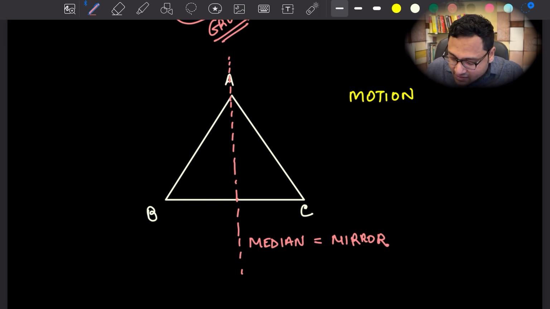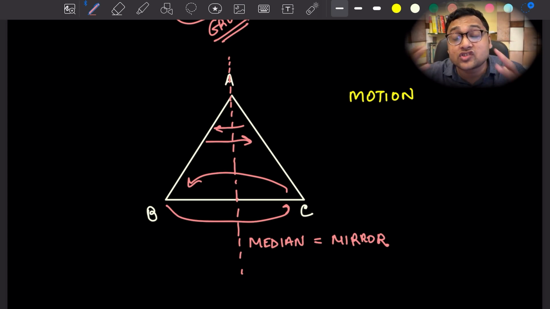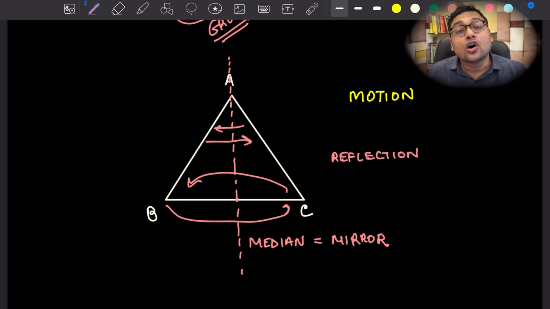What you get is this point will go here, this point will go here, this line will go here, this line will go here, but the output picture will be the same as the input picture. So this is the symmetry. This is a reflection symmetry. This reflection is an example of a symmetry of this equilateral triangle.